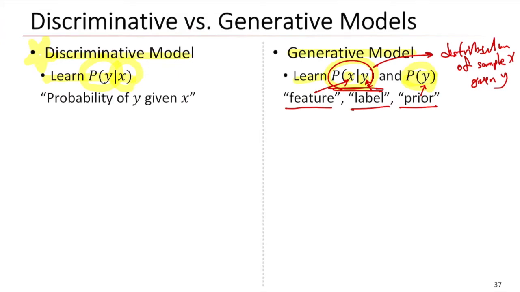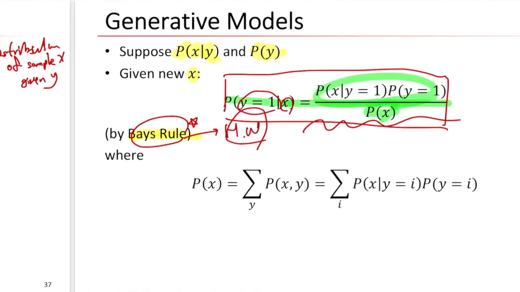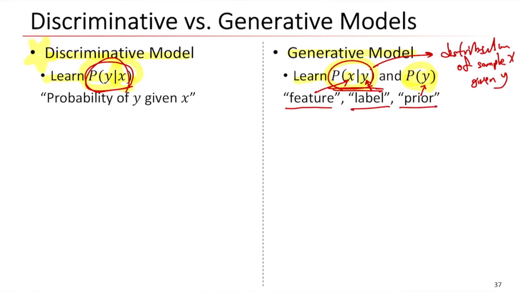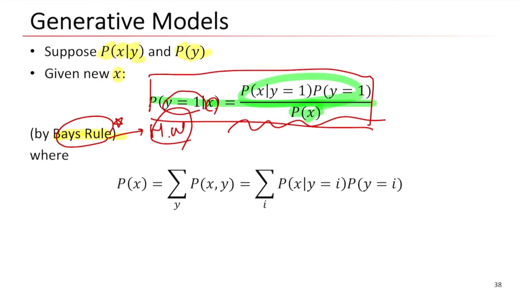So comparing to the discriminative model, which directly finds this mapping, in the generative model we can find this probability from this one and this one.